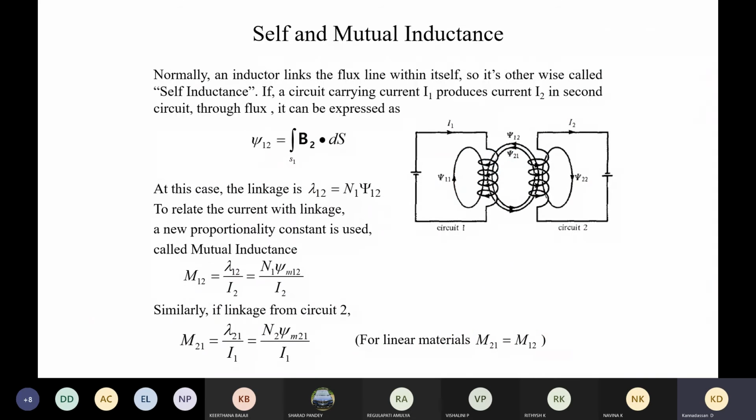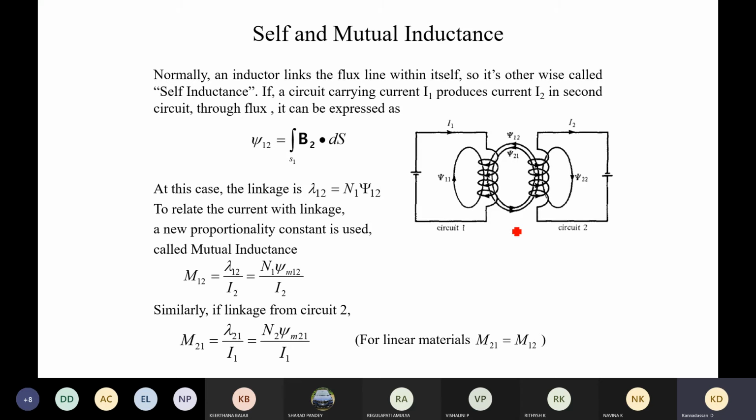Now we are thinking about a single loop. We can also create multiple loops, and flux linkage between the loops is also possible. That kind of linking is often referred to as mutual inductance; in some very old textbooks you can also see it called mutual linkage.